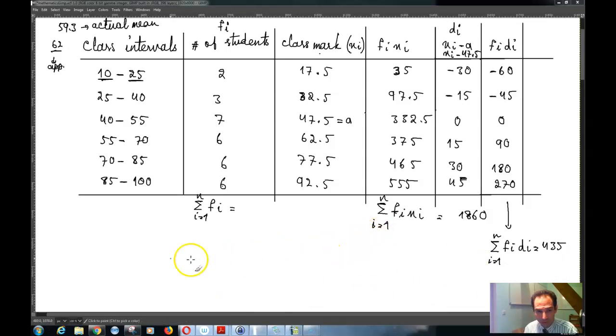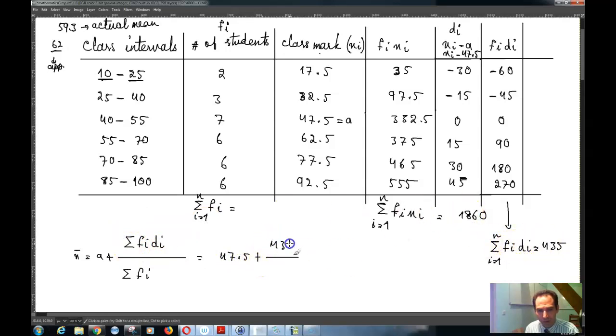The formula that I have is x bar is equal to a plus sigma f of i times d of i over sigma f of i. So this is equal to a, which is 47.5, plus sigma f of i d of i, which is 435, divided by sigma f of i, which is 12 plus 18, equal to 30.